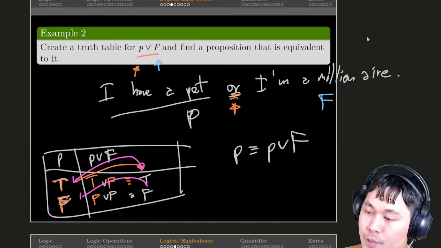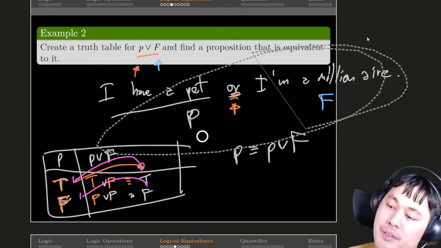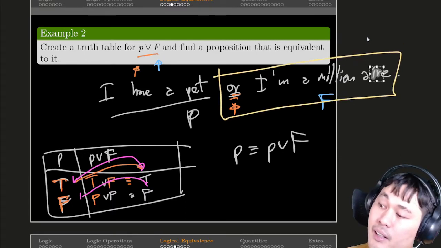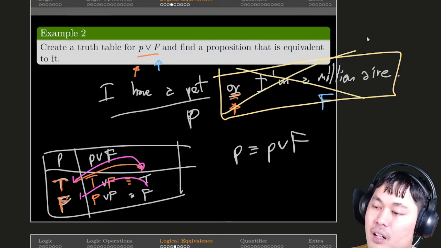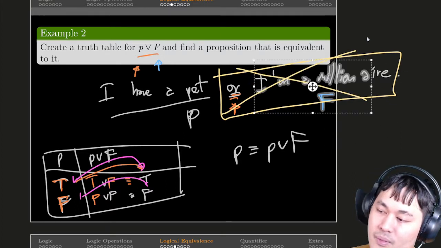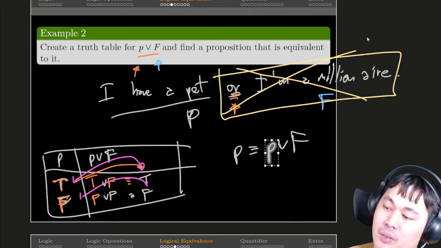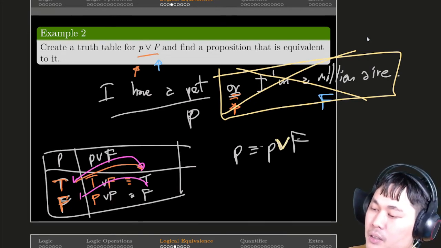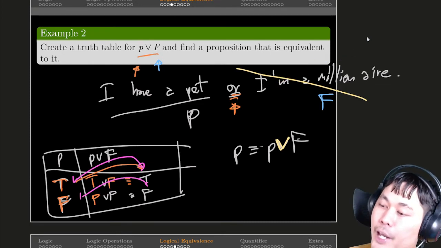In one way, if you do the math, this is what you get. In another way, if you have a statement and you know for sure that the latter part of the or is false, then you can ignore it. This implies that if you know one statement is false and you combine them with the or operation, you can get rid of the false.